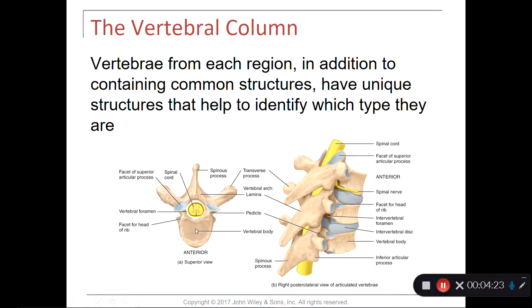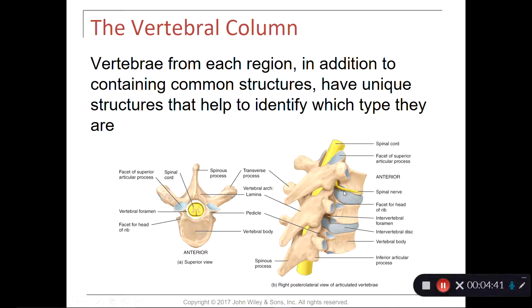In between the vertebral body and this lamina, this portion of the bone that has developed, all of that encases the vertebral foramen, which allows the spinal cord to sneak on through.